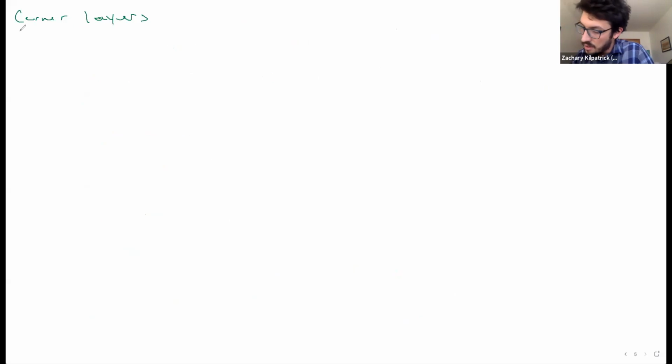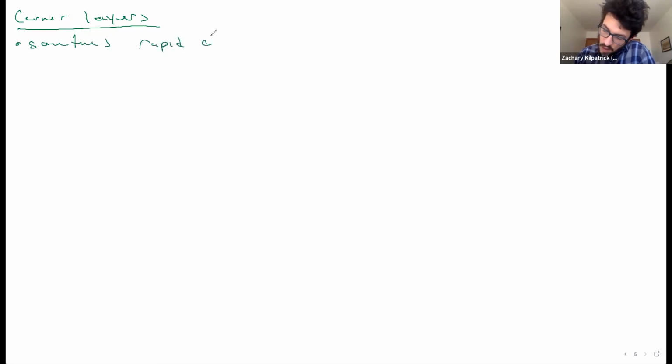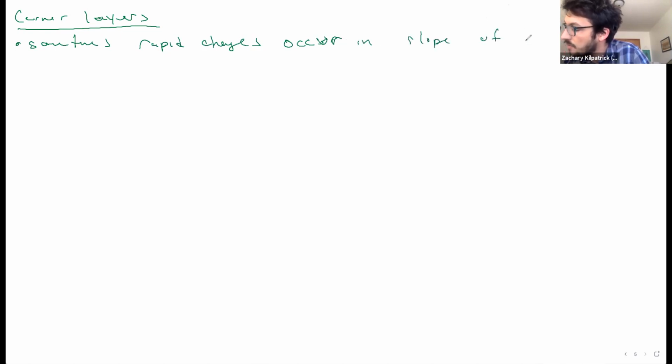The main difference is that you're trying to smooth out the derivative rather than the function itself. So sometimes rapid changes occur in the slope of y, but not y itself.